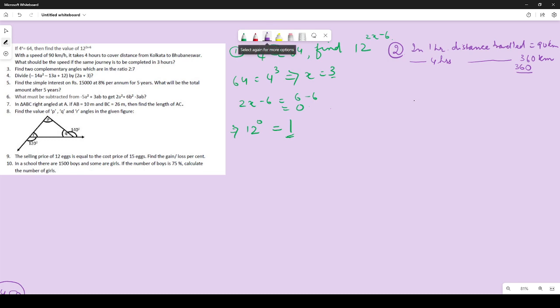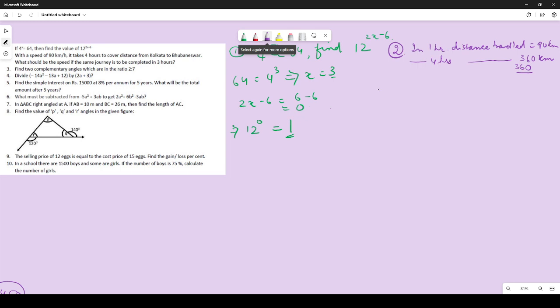Now let us take up this over here. 360 kilometers in 4 hours. Now you have to take up the speed. So if you need to cover the journey in 3 hours, you have to find what should be the speed. Now we know the distance is 360 kilometers, and the time required is 3 hours.